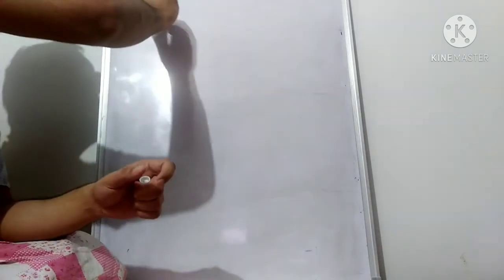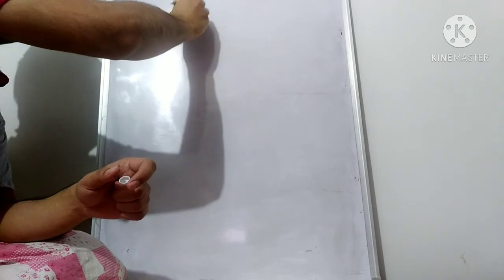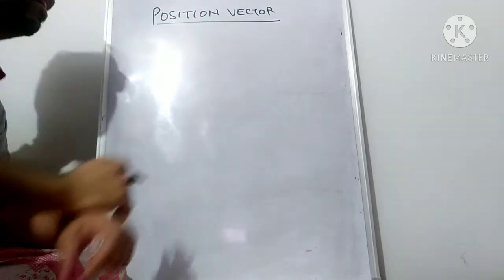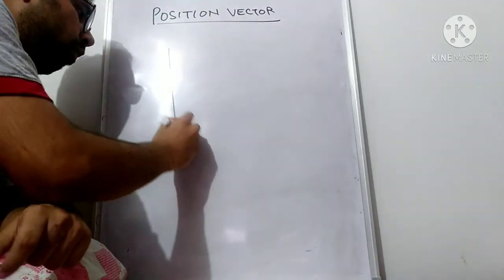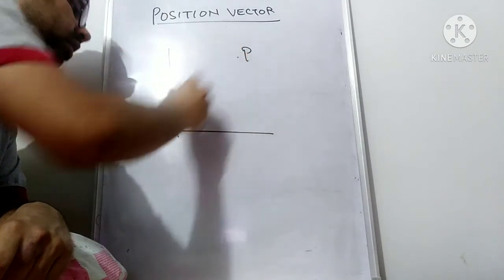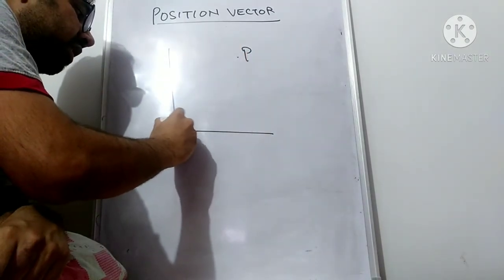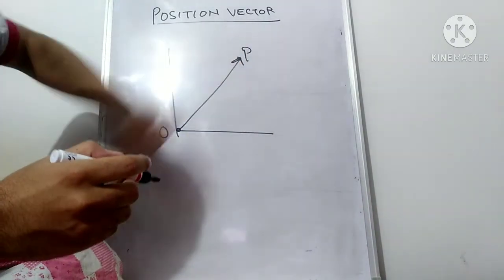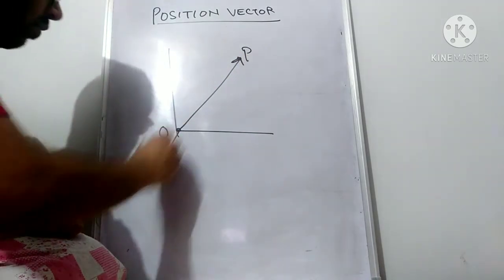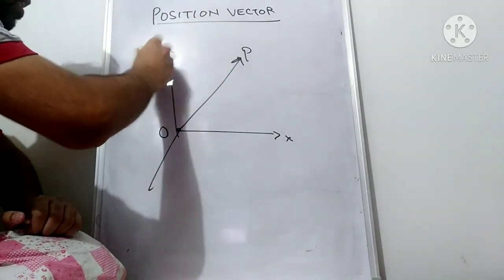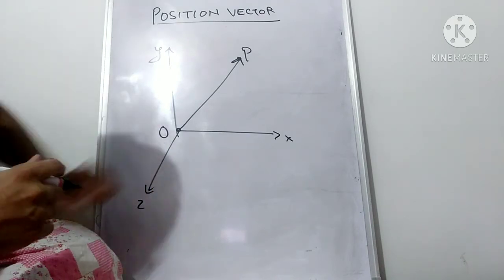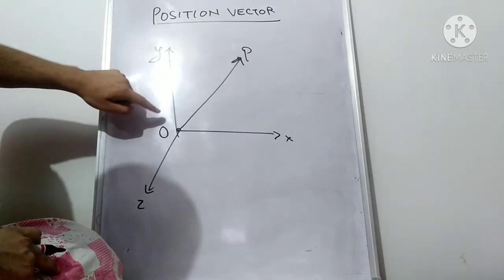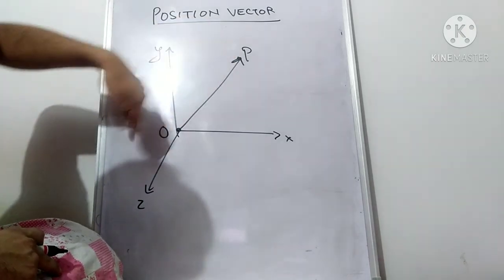Then one more important thing is the position vector, which we will cover in detail. Position vector, basically for any point, is the vector which is starting from origin. For any point in space, if this is the x-axis, this is the y-axis, and this is the z-axis, for any point P, if I want to find the position vector of P, I will join the origin O to that point and make a vector out of it.